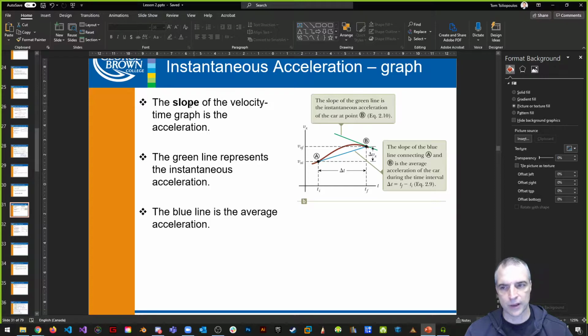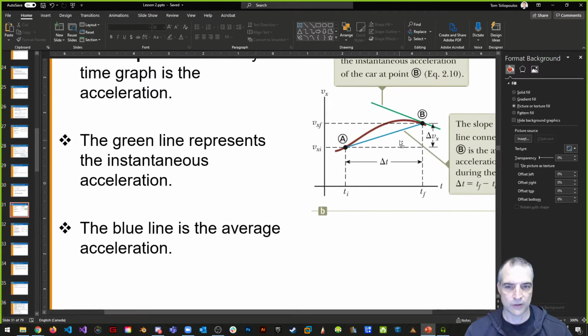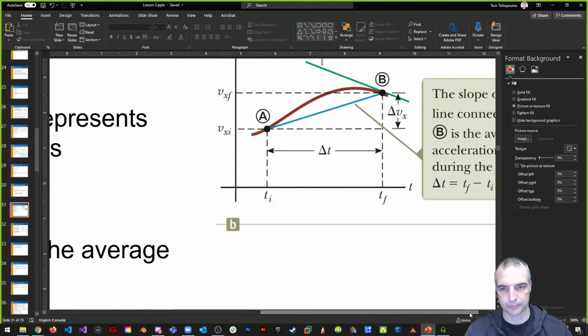So the slope of the velocity time graph is the acceleration. The derivative of velocity is acceleration. So again, I'm just going to zoom in on this graph now so you can see what I'm talking about.